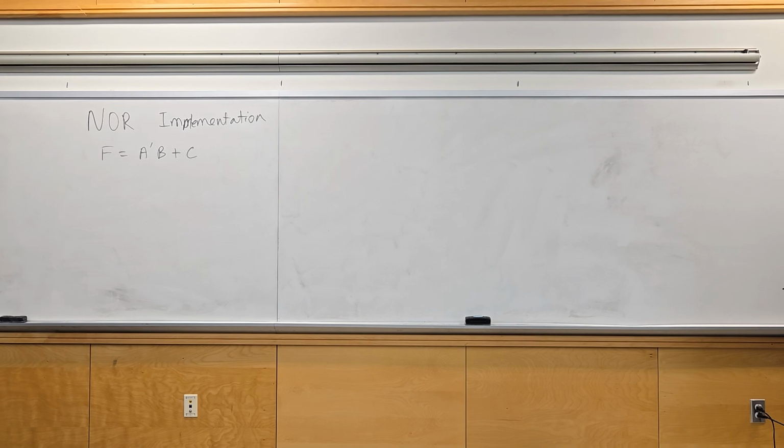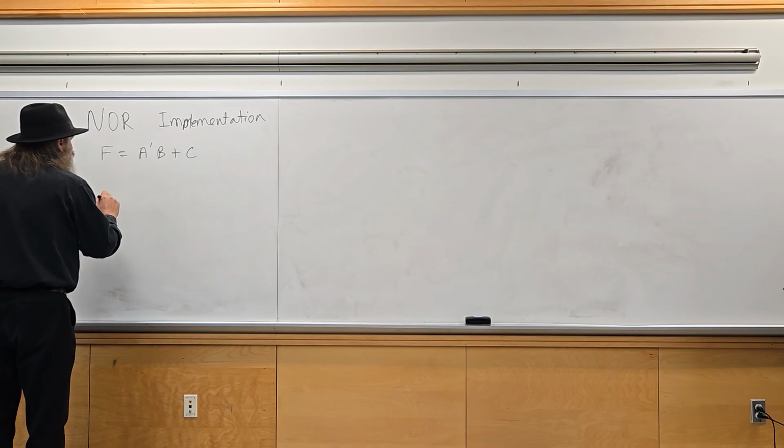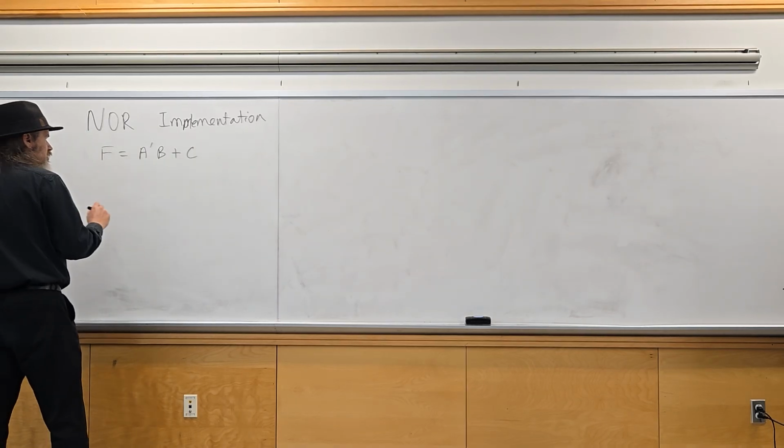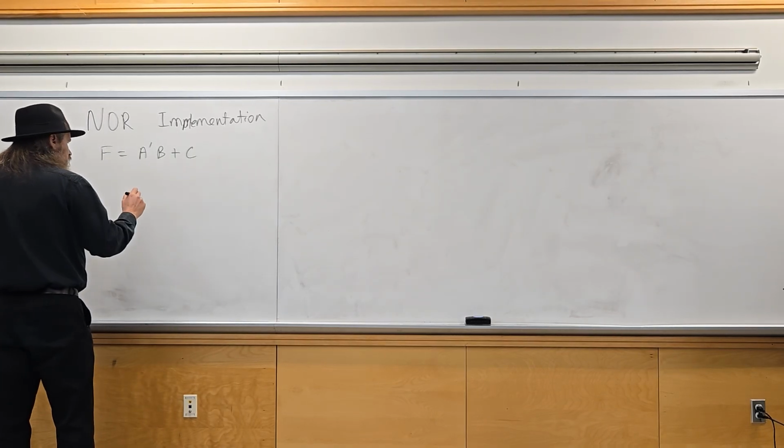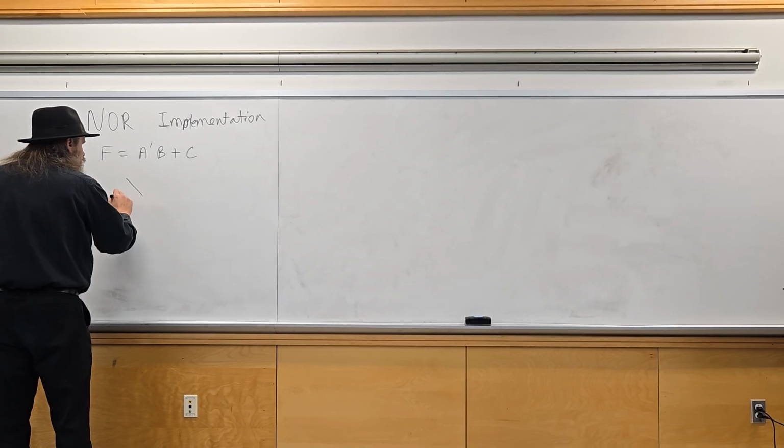That is a sum of products form, and to do a NOR implementation, you need a product of sums form. So I think the easiest way to do this would be to do a K-map.